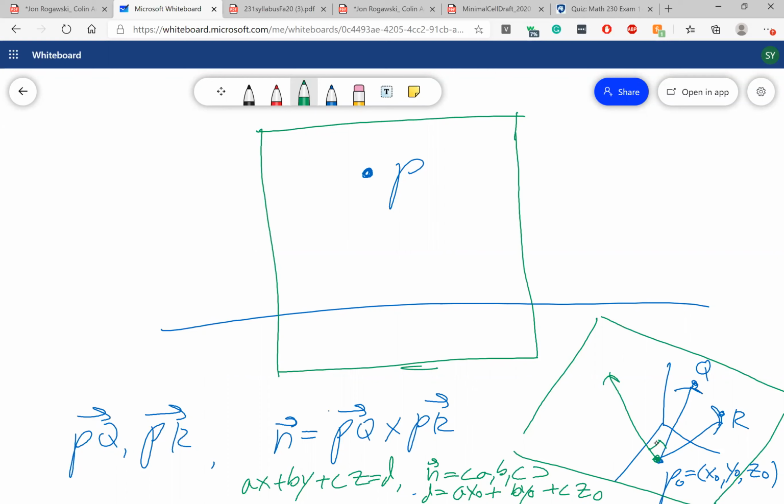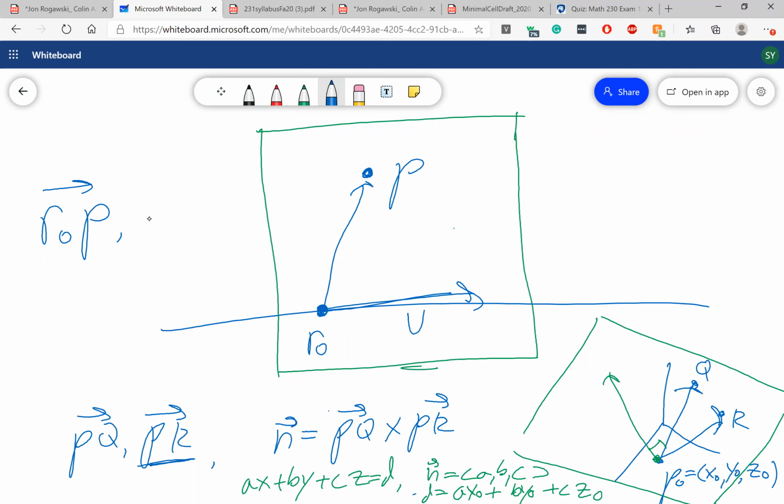So in our case, first we can find R0 on the line. Let's choose this to be R0, a point on the line. And we can then find the vector R0P. And then we can use the vector V, because the vector V is also going to lie in the plane. It can correspond to the vector PR. So this is going to be the vector V over here.